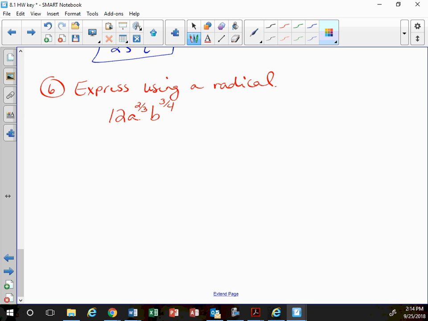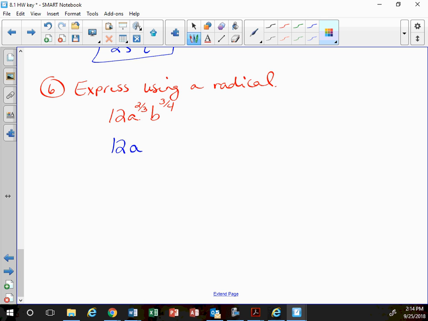Did they get the same denominator? Yes, so the two fraction exponents, you need to make a common denominator. That common denominator is then the root that we're talking about. So I'm going to just leave the 12 alone. What is your common denominator? 12.